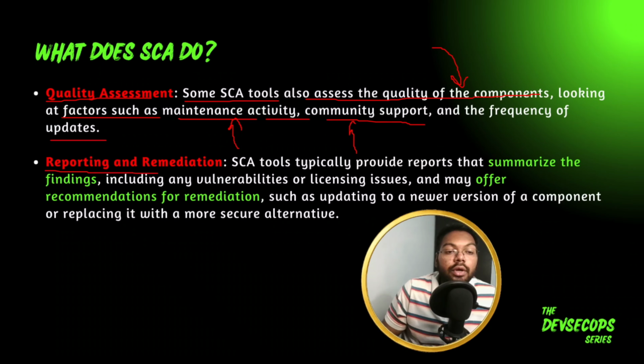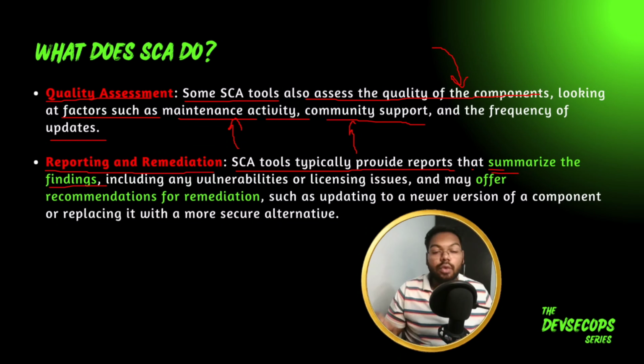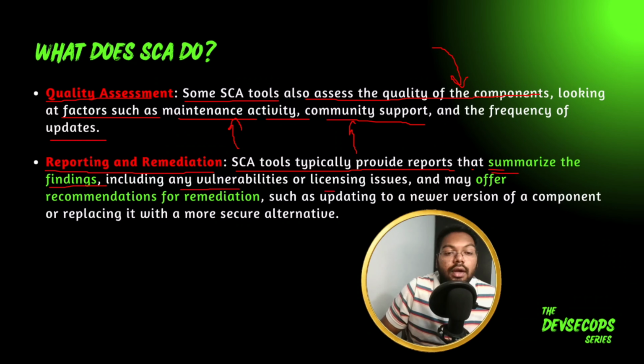So then reporting and remediation. Now SCA tools also typically provide reports that summarize the findings. Once you have found out that there are 1,000 vulnerabilities in your application, what do you do? You need to create a report and share it with your stakeholders: the development team, the product owners, product managers, and all the users. SCA helps you summarize these things in a report, including any vulnerability or licensing issues, and it may offer recommendations for remediation as well.